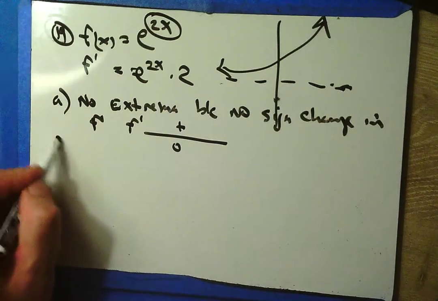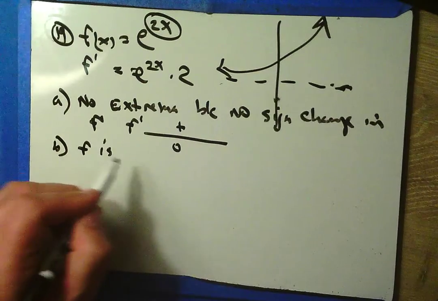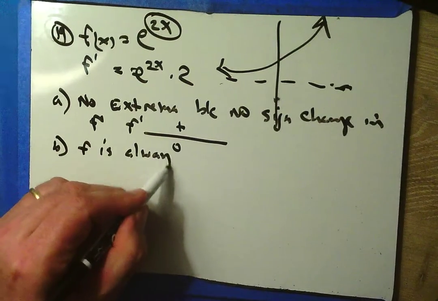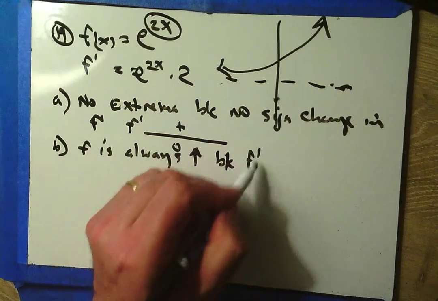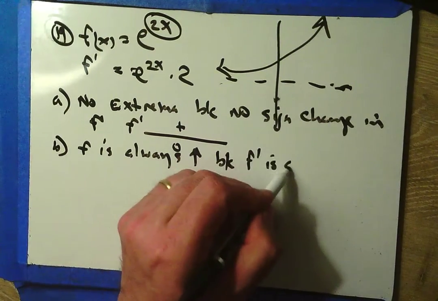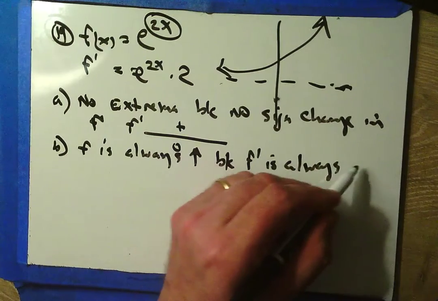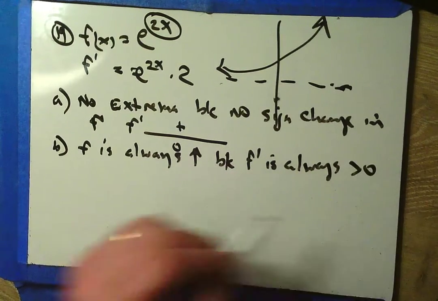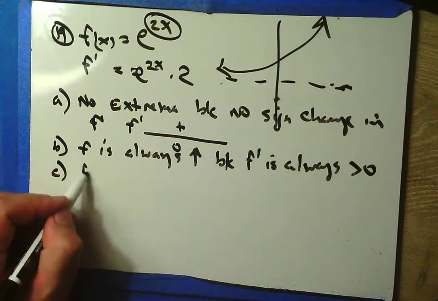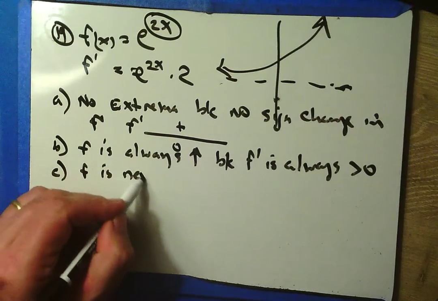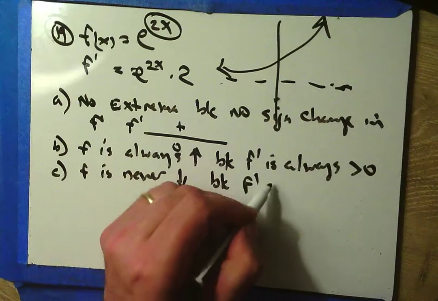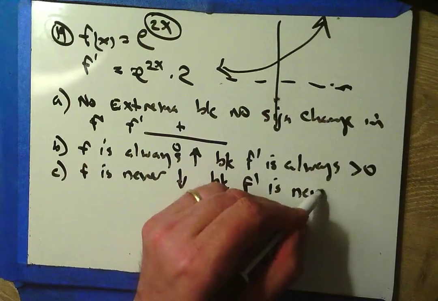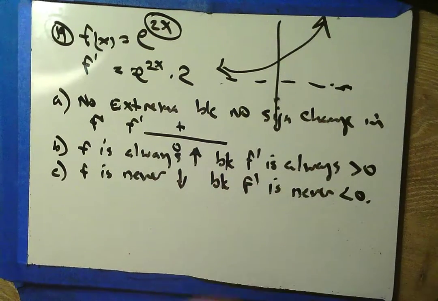And because of that, I know f is always increasing because f prime is always positive. And f is never decreasing because f prime is never less than 0.